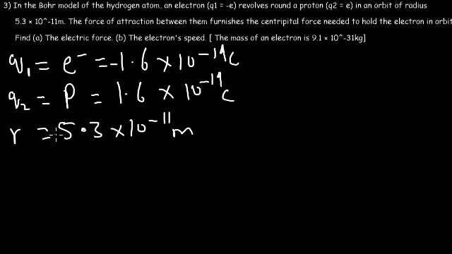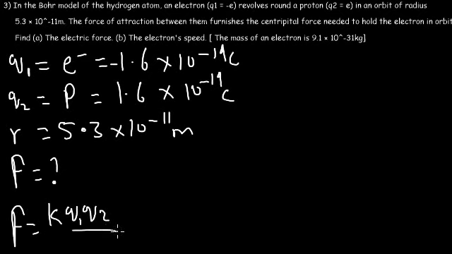Then we have to find the force of attraction, which is the electric force, in the first place. So we are using Coulomb's law. So therefore, the force of attraction will be equals to 9.0 times 10 to the power of 9, that's the value of K, then multiply by Q1.